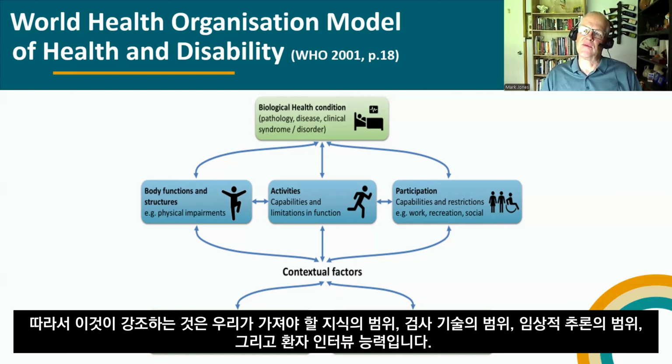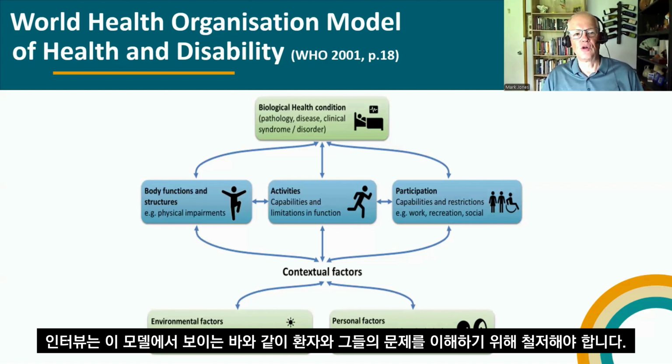What this highlights is the scope of knowledge we need to have as physiotherapists, the scope of examination skills, the scope of clinical reasoning, but also what we need to have in our patient interview. Our interview has to be thorough to understand the person and their problem as demonstrated across this model.